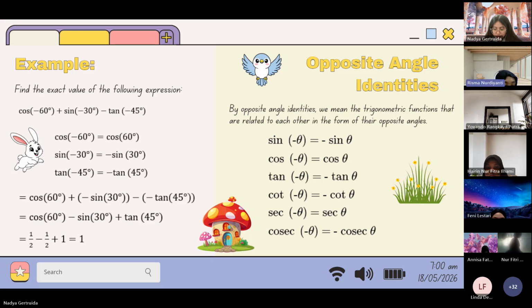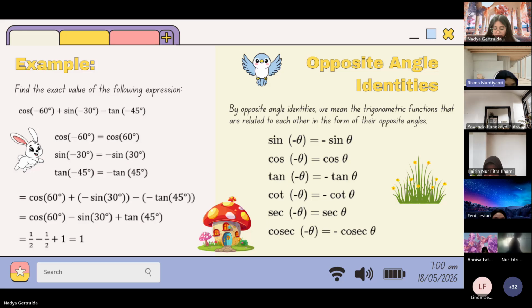Next are the opposite angle identities. Opposite angle identities describe the relationship between a trigonometric function and a negative angle. First, sin negative theta equals negative sin theta. Second, cosine negative theta equals cosine theta.